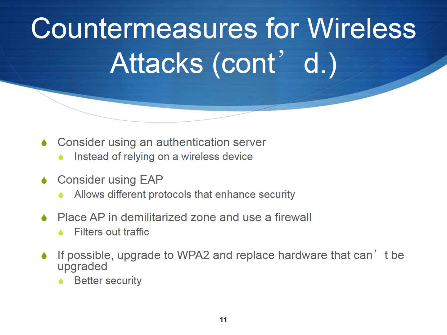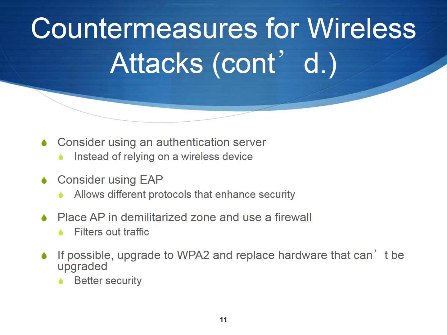Countermeasures for wireless attacks continued. The organization should also consider using an authentication server as a countermeasure against wireless attacks instead of relying on a wireless device. Consider using EAP to provide a layer of authentication, as it allows different protocols that better enhance security.